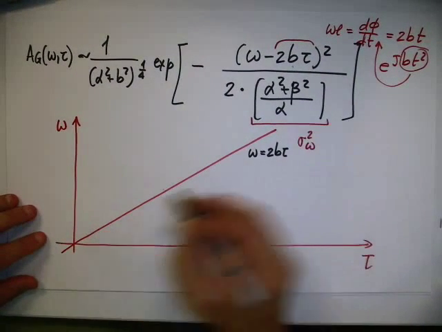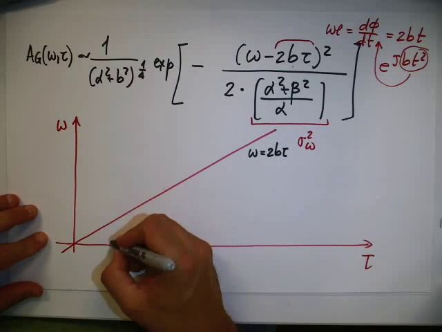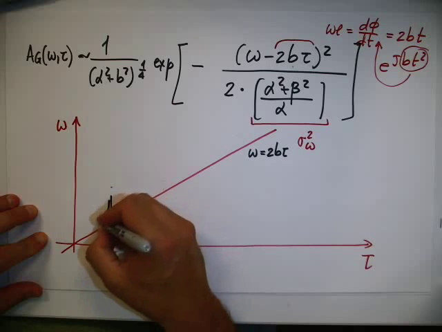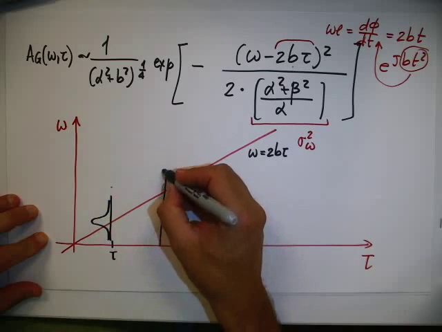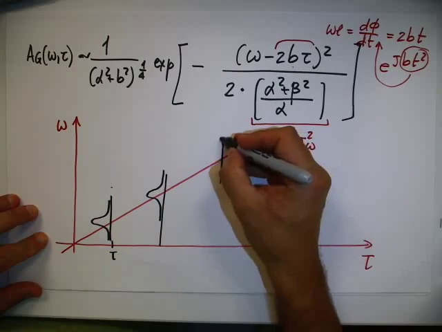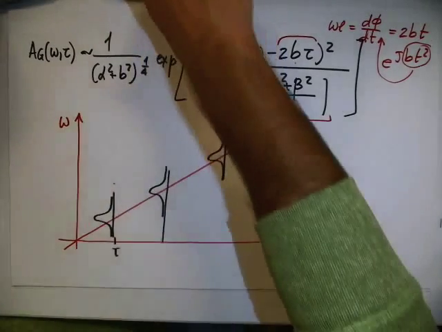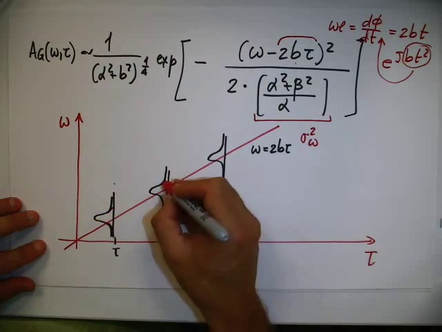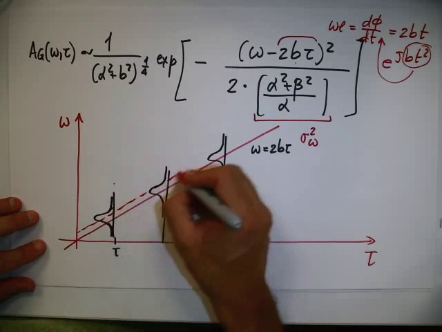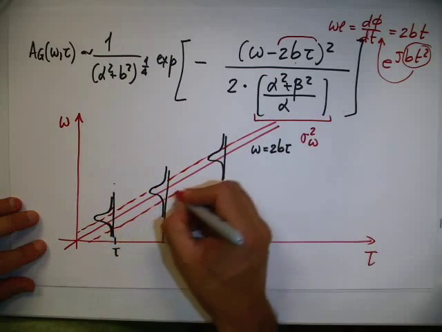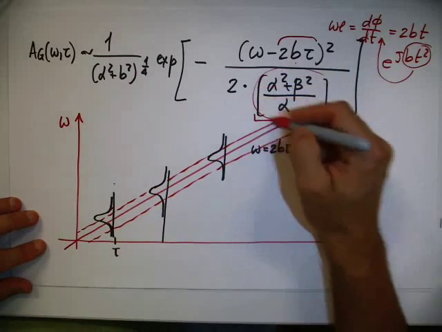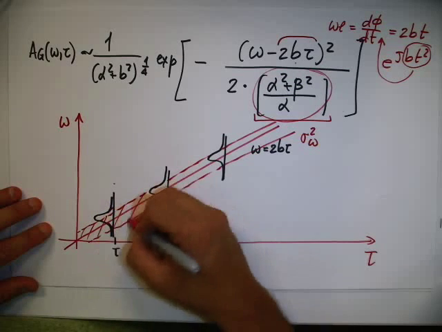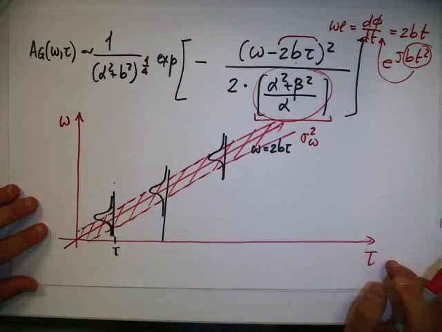And what is interesting is that at any given tau, we get a spread. It's a Gaussian distribution, and the spread is constant. You see, the spread around this mean is constant. It doesn't change with tau.